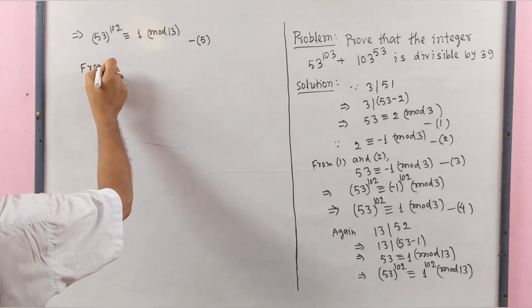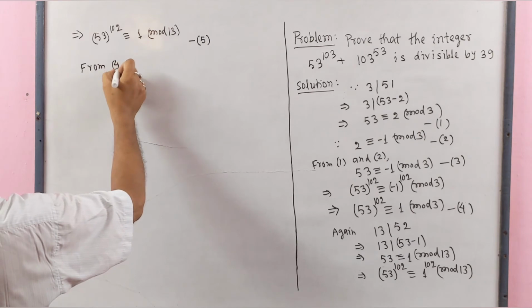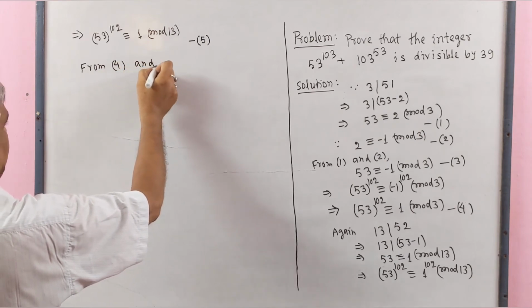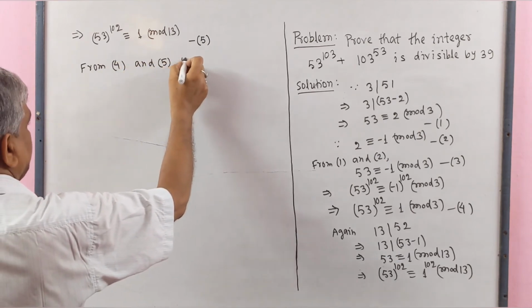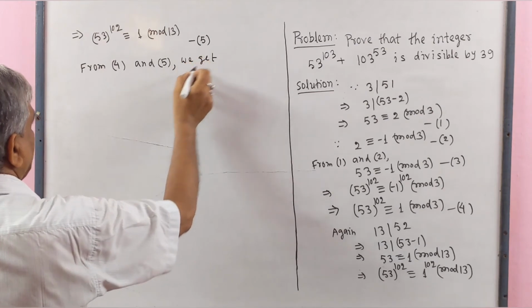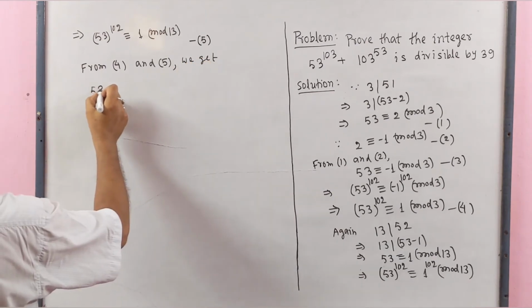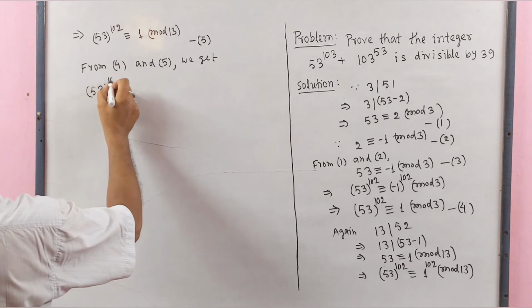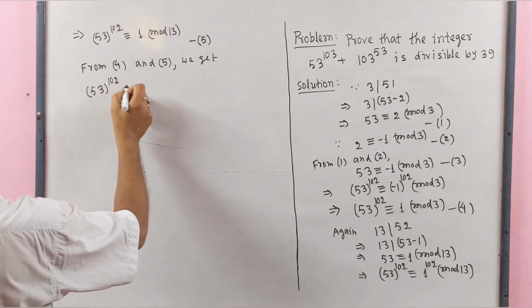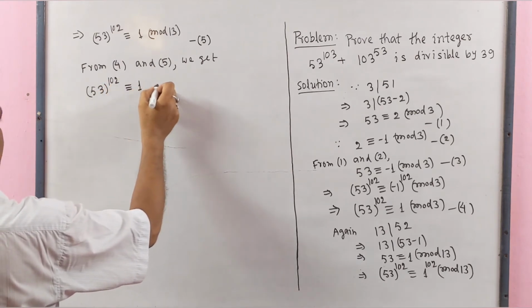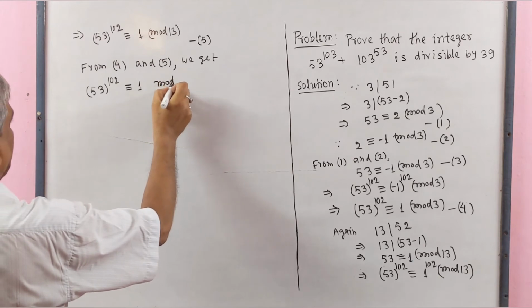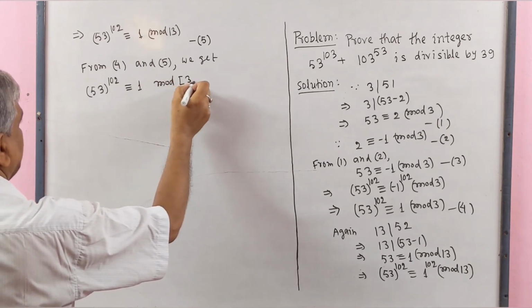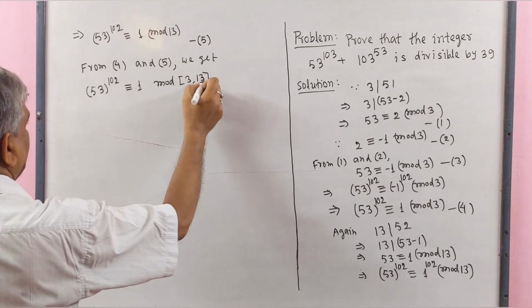From 4 and 5 we get 53 to the power 102 is congruent to 1 modulo LCM of 3 and 13.